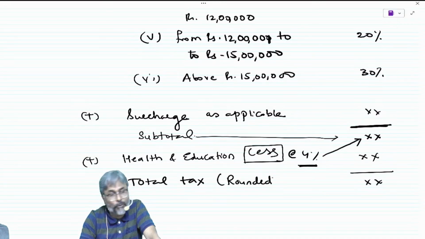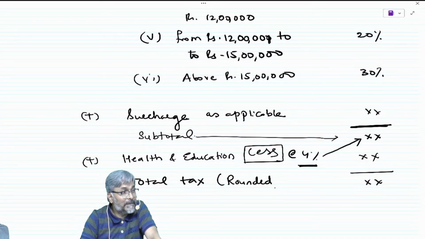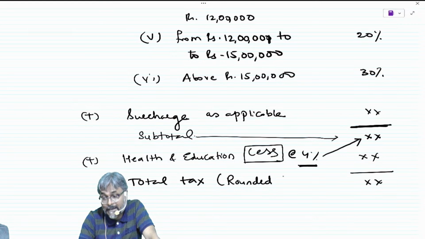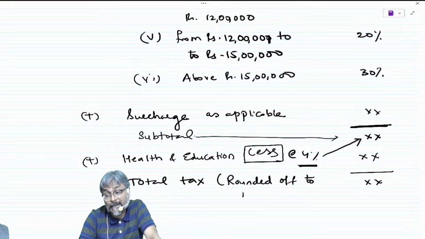This is half marks, nobody knows. My student, who is a head examiner of your CA entrance, CA final DT paper in India, told me: sir, tell the students that the tax they finally arrive at needs to be rounded off to the nearest 10. Nearest rupees 10.